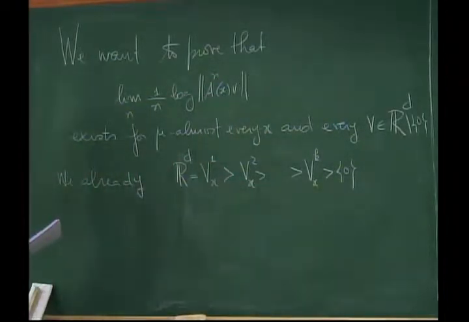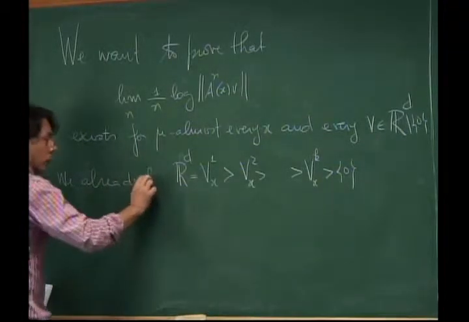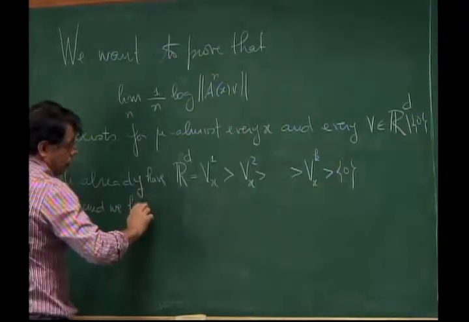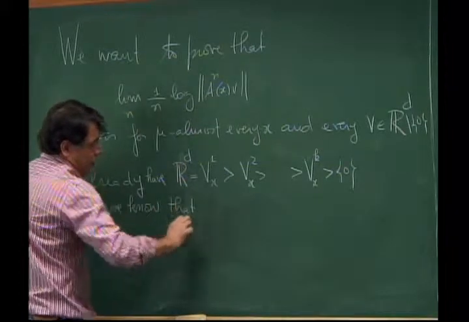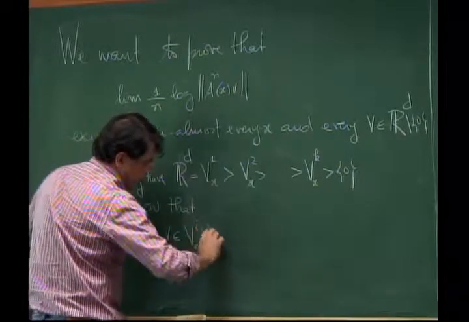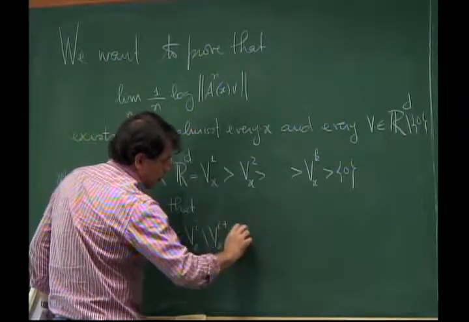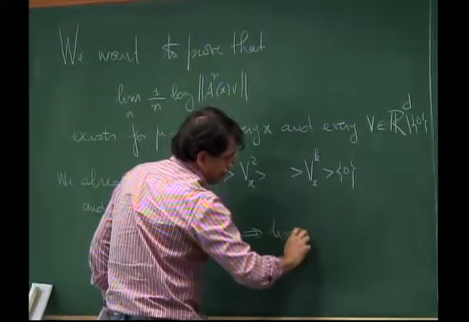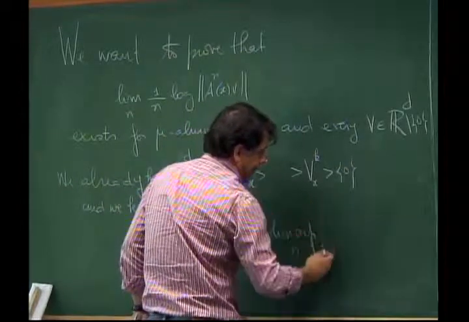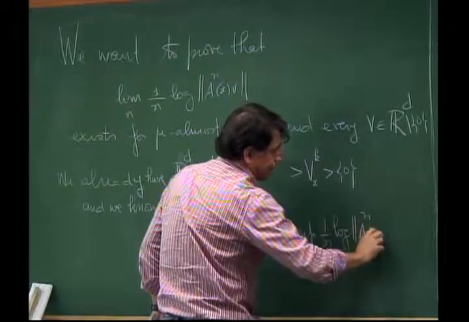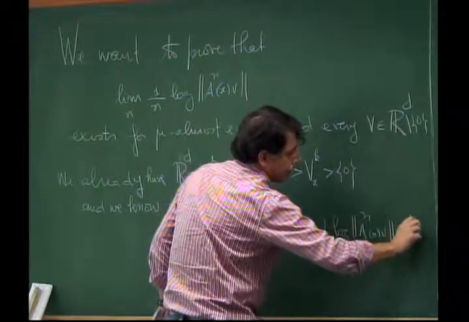And we already know that if v belongs to the difference between two of these, then the lim sup is equal to lambda_i(x).